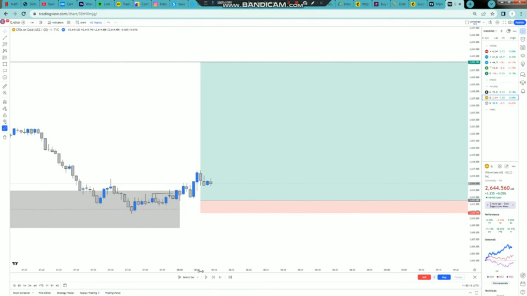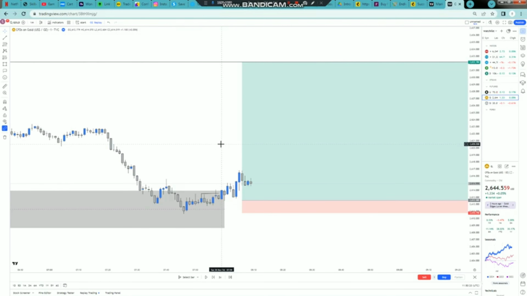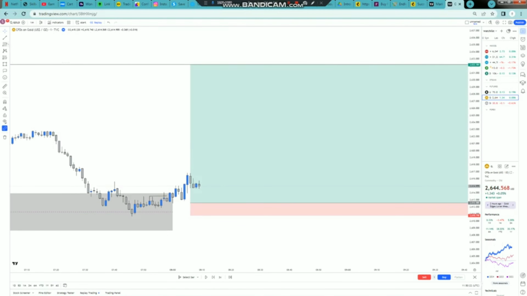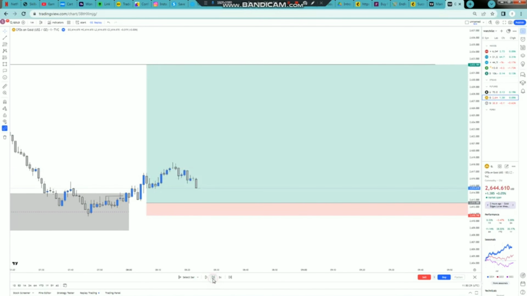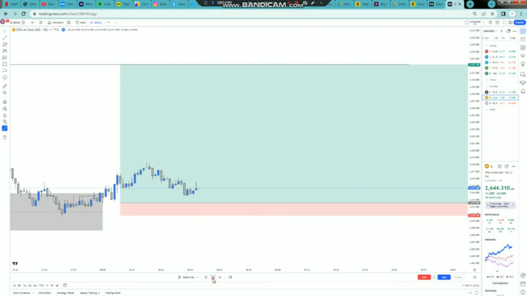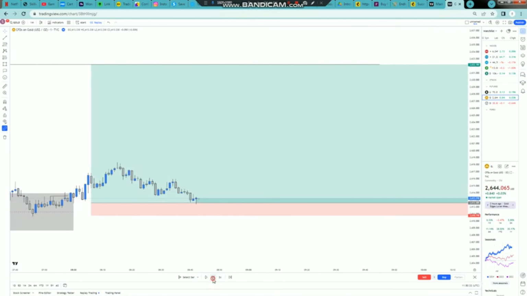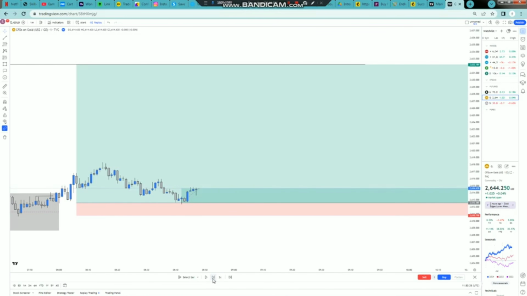Now let's get back here to this zone, our zone. When the market comes, we're going to play it out and we see. When the market comes, taps, sweeps all the liquidity that was where?